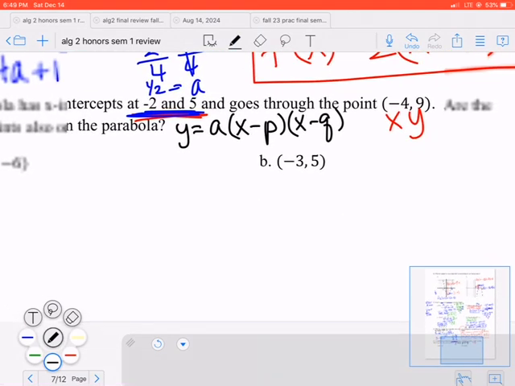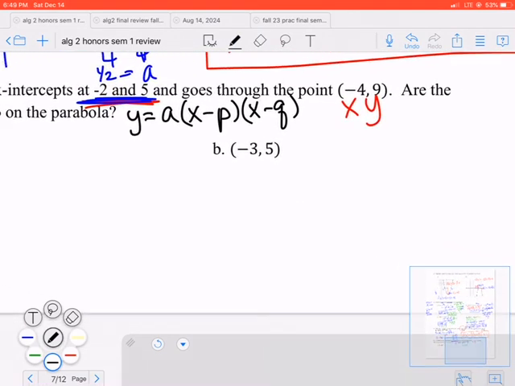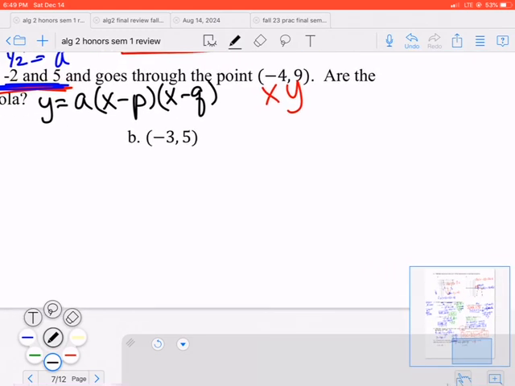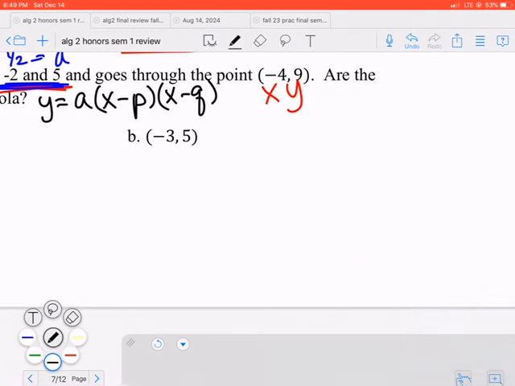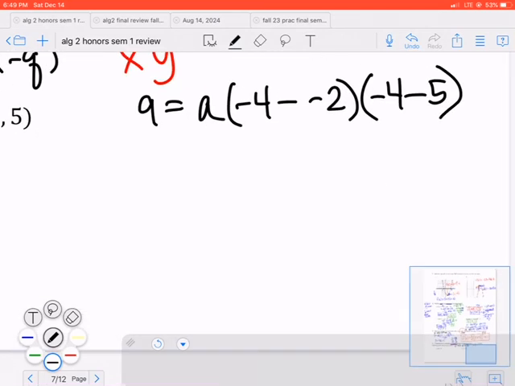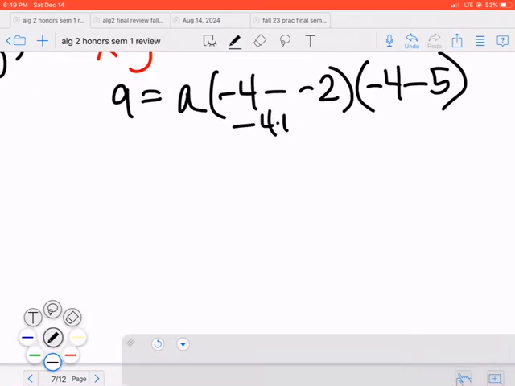And I'm going to do the same thing as in the last problem. I'm going to plug everything in to solve for a, because I don't know what a is. So y is 9 equals a times (x is -4 minus -2) times (x is -4 minus q is 5). -4 plus 2, so that's -2.